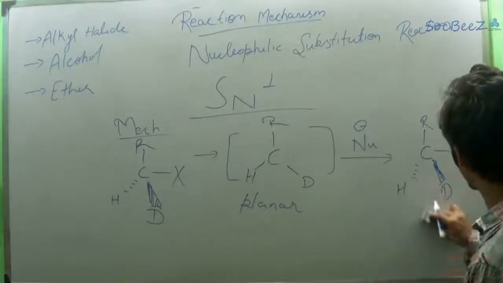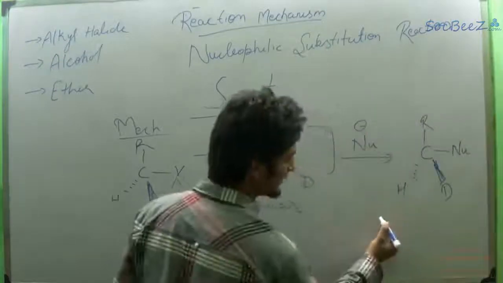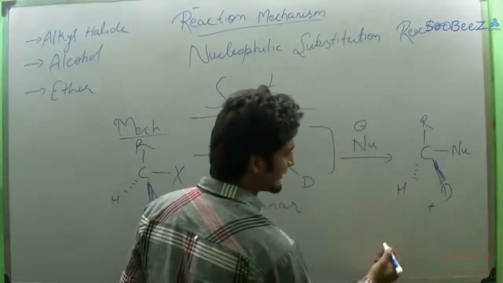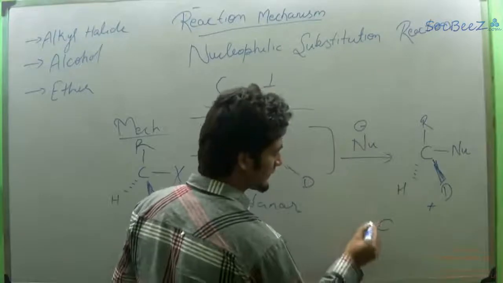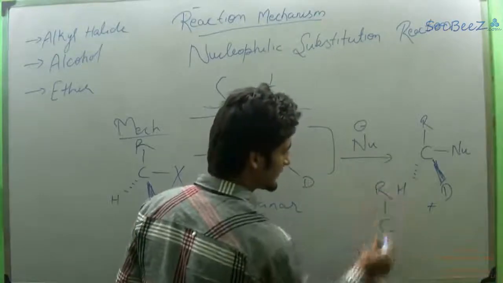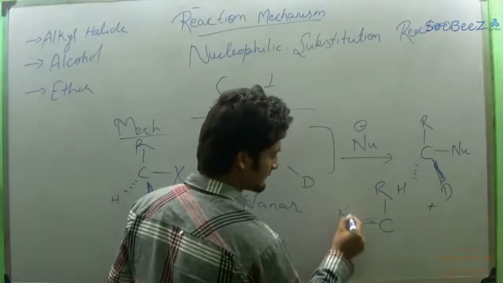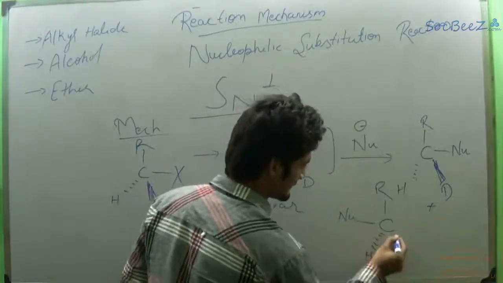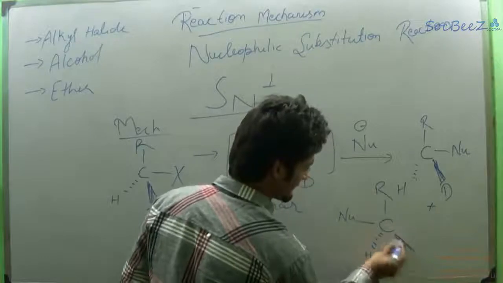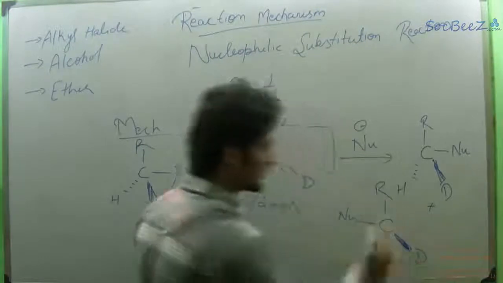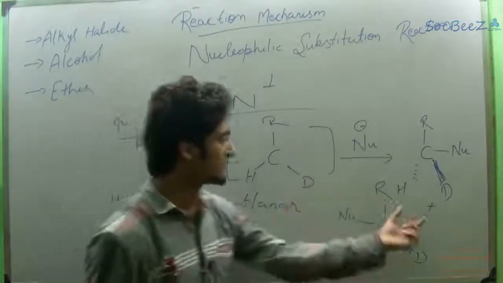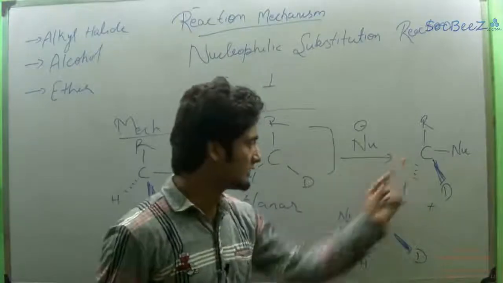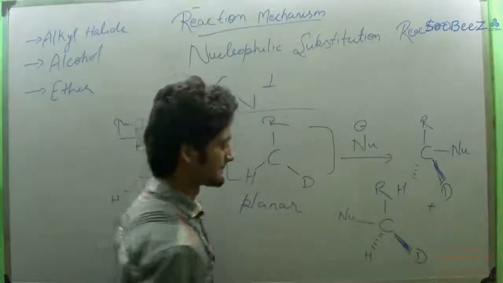Let's make it clear by drawing it here. This is a possibility, and the other possibility is the nucleophile is on the other side. So we can clearly see we have a racemization. Both these are enantiomers.